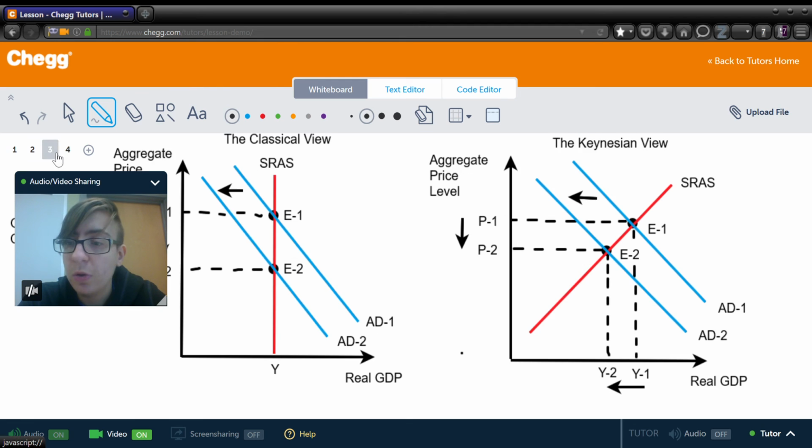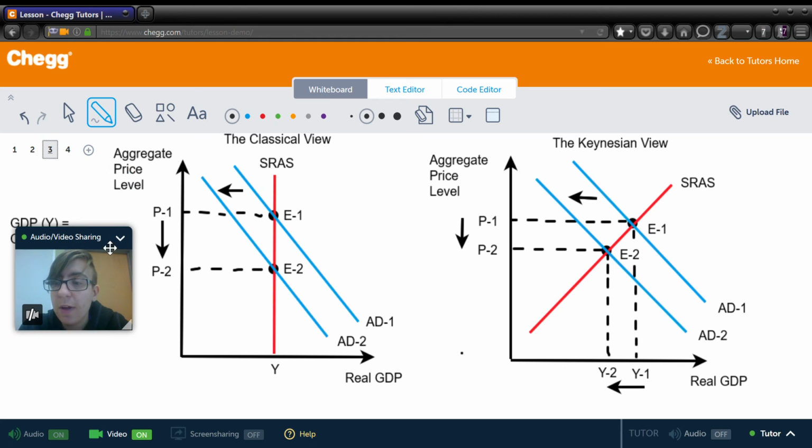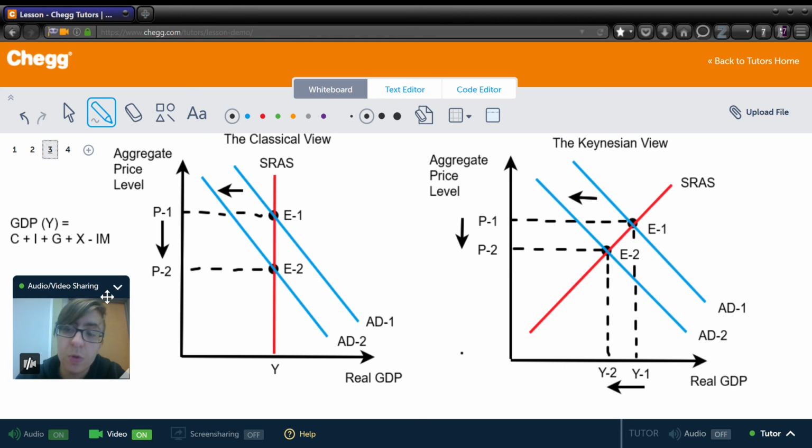I'm going to shrink myself so that you can see what's going on here. In the event you don't remember how gross domestic product is calculated, GDP, which is your Y or output, which is why Y is on the bottom here, as well as the bottom of the Keynesian graph, it is consumption plus investment plus government spending plus exports minus imports.